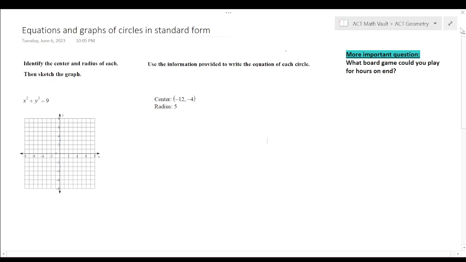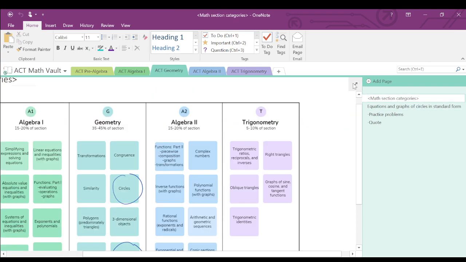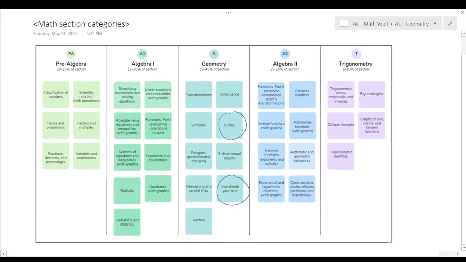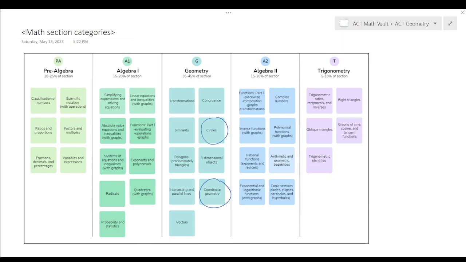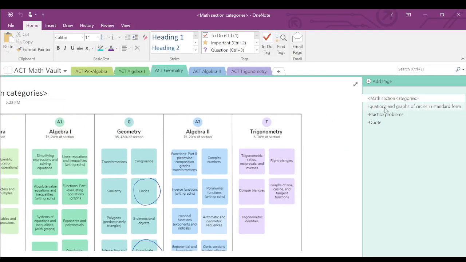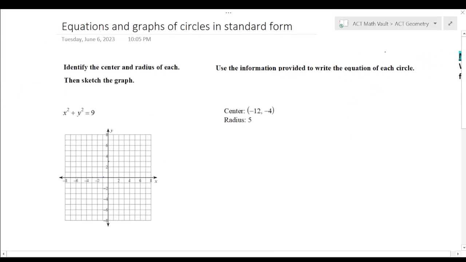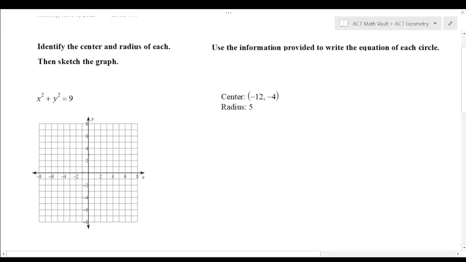Okay, so circles would fall under geometry, but this standard form of a circle technically would be coordinate geometry because it involves the center and the radius as it would be graphed on the coordinate plane.